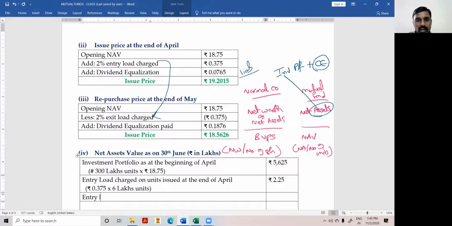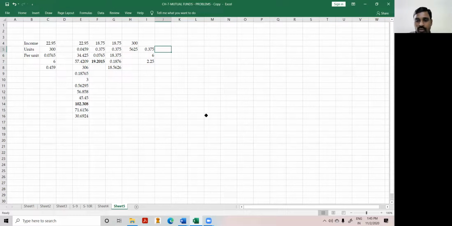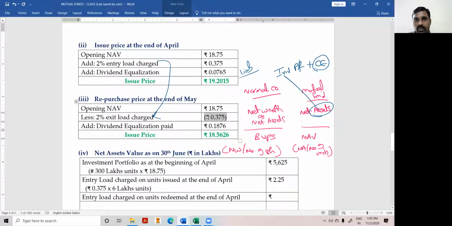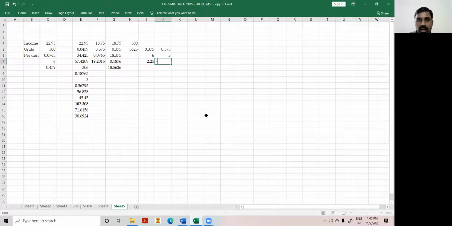Next, entry load charged on units redeemed at the end of April. How much have we charged? 0.375, the same amount, on 3 lakhs units. It is charged only for 3 lakhs units.